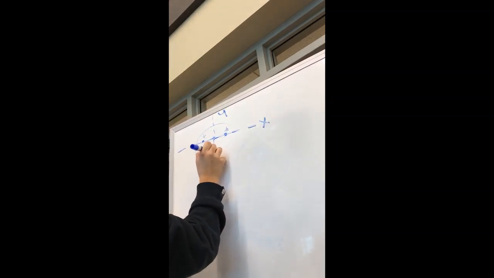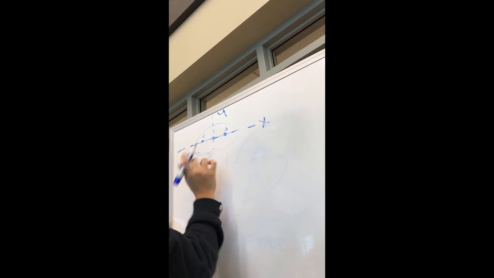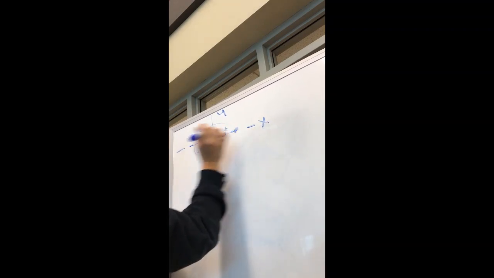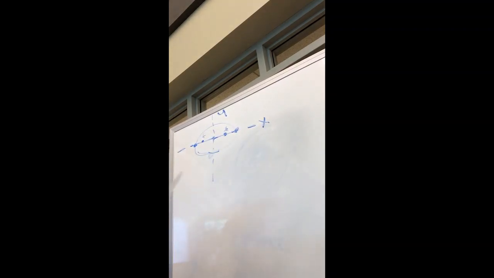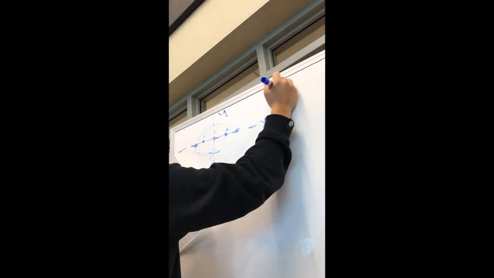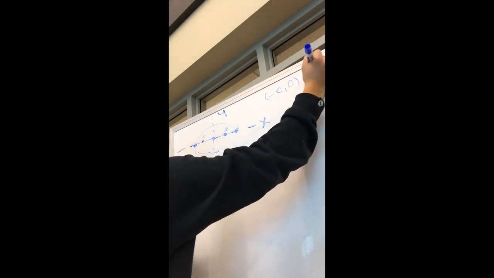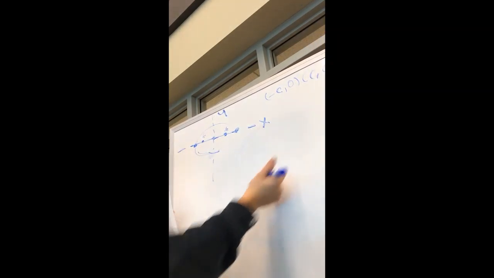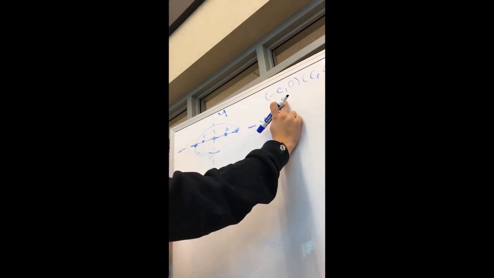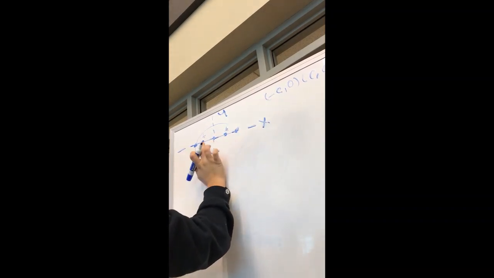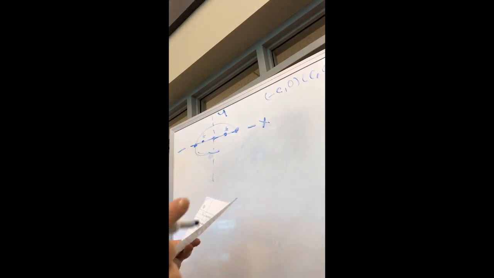And we have our vertices here and here. To find the foci, it's going to be negative c, 0, and c, 0. And c is just the distance between the focus and the center, but we'll find that later.